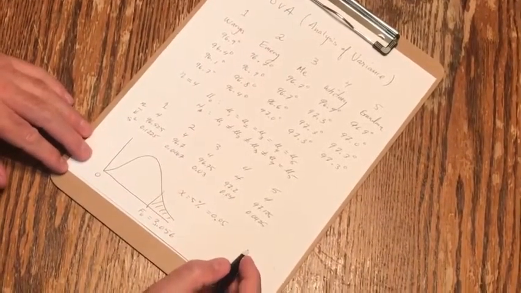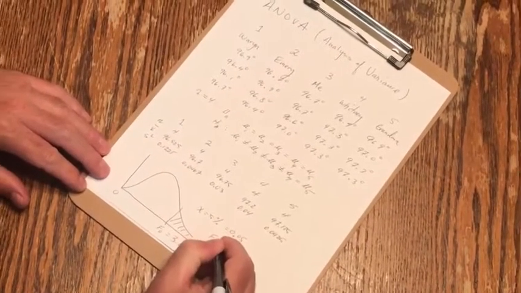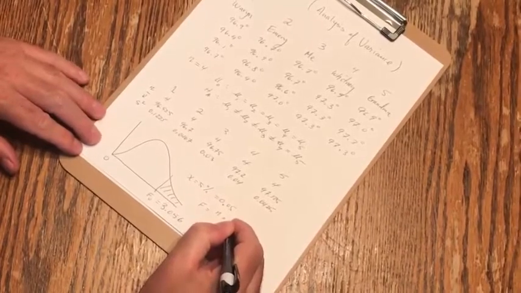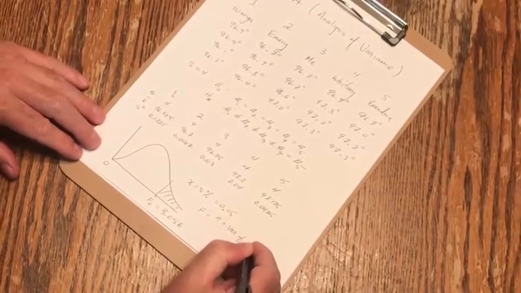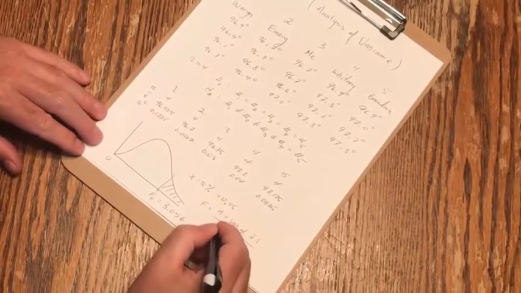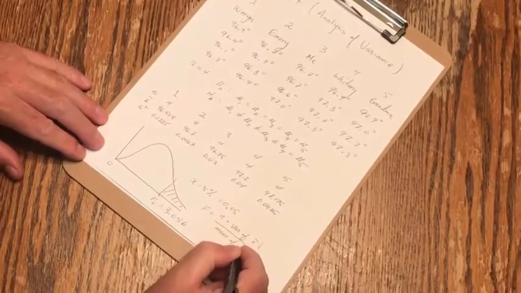So what we're going to end up doing is figuring out the value for F. F is equal to n times the variance of the sample means, the X bars, divided by the mean of the sample variances.